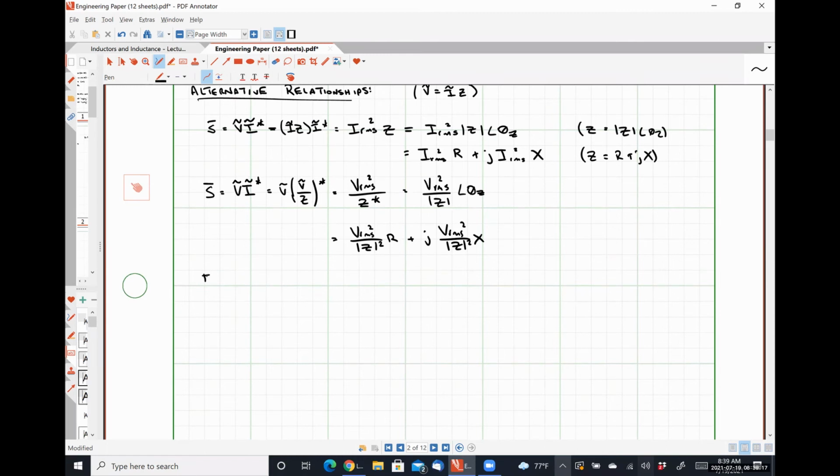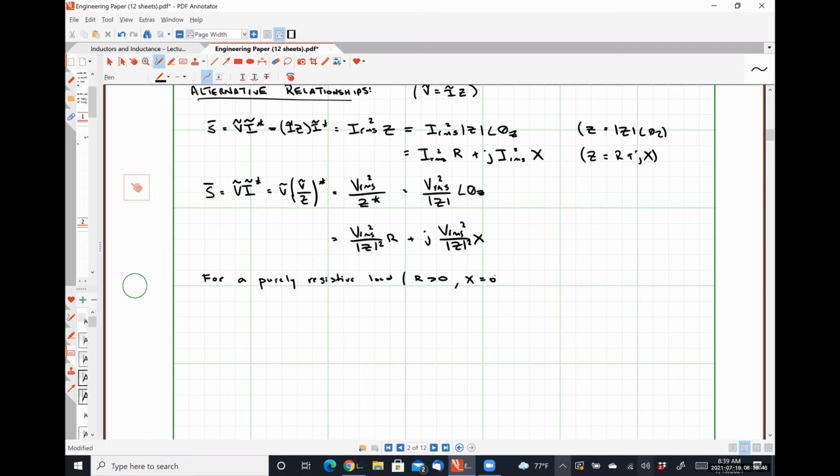for a purely resistive load, meaning R, I'm going to say that it's greater than 0, but it doesn't actually have to be greater than 0. We just haven't used negative resistances to this point.